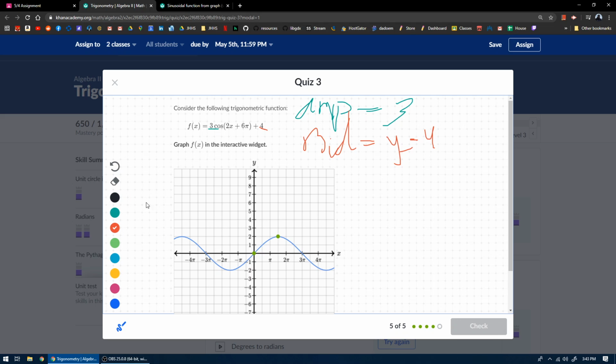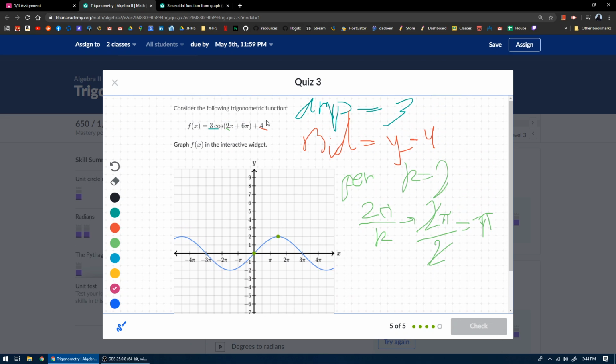That's the midline. My k is 2. That's the number in front of the variable. So it's 2 pi divided by k. That means it's 2 pi divided by 2. 2 on the top, 2 on the bottom, they cancel. All that's left over is pi. Cool. Period is pi.